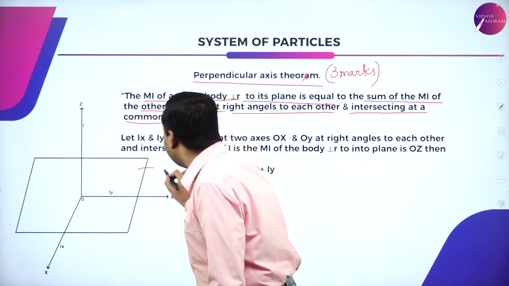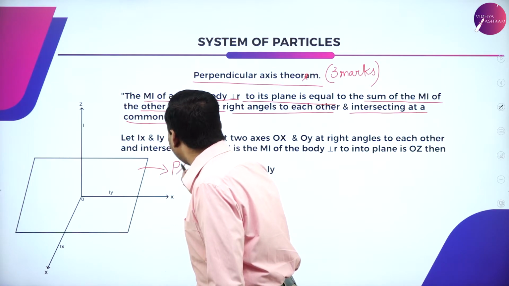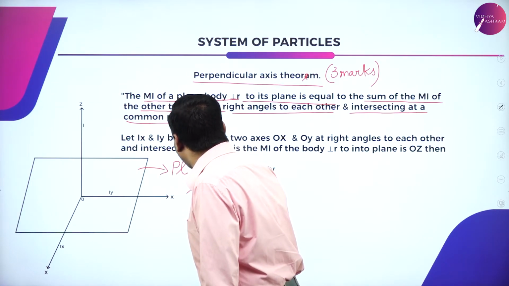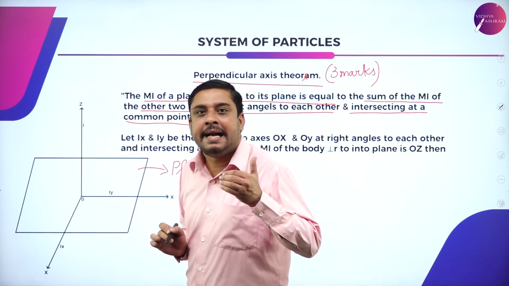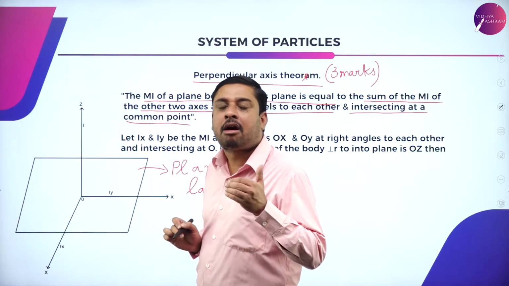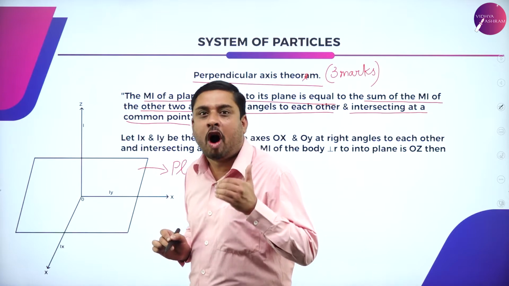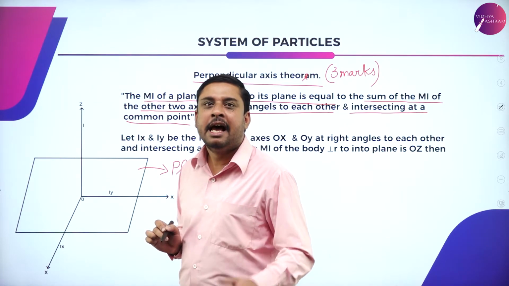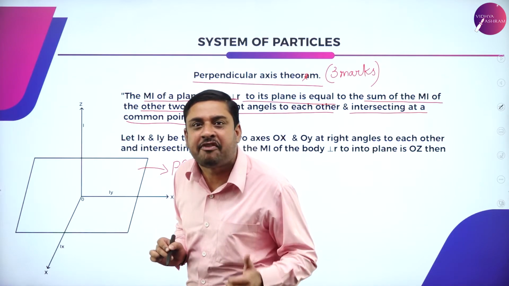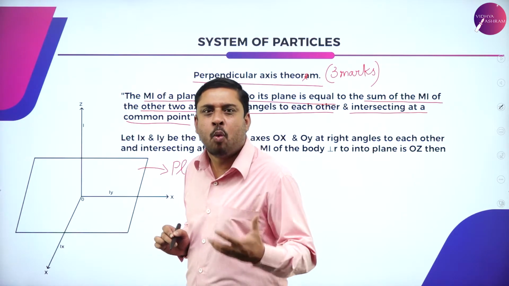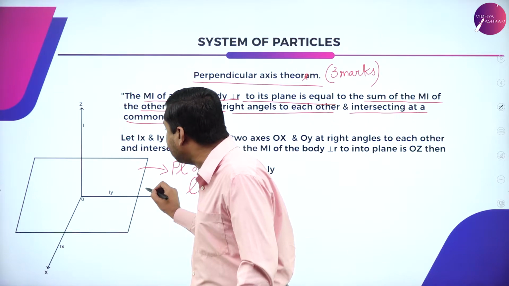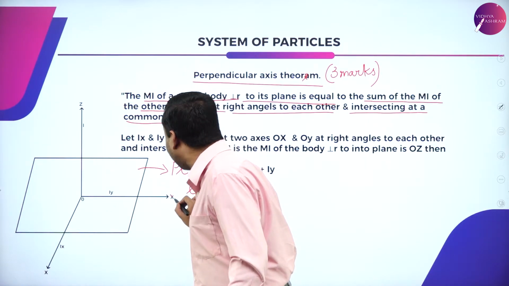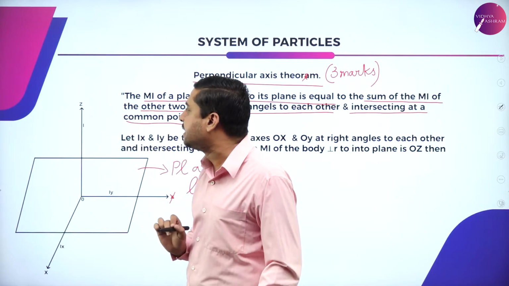So here I consider a plain rectangular body. I call this a plane lamina. And I construct a Cartesian coordinate system, a frame of reference, x, y, and z axis to the lamina. So this is the x axis, this is the y axis, and this is the z axis.